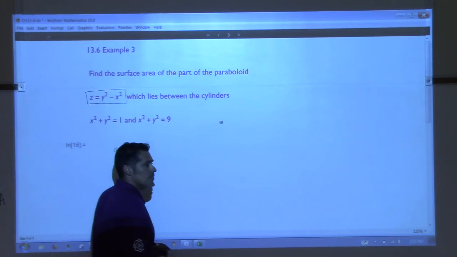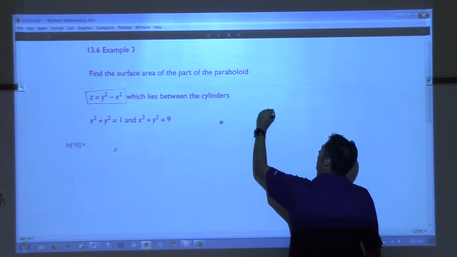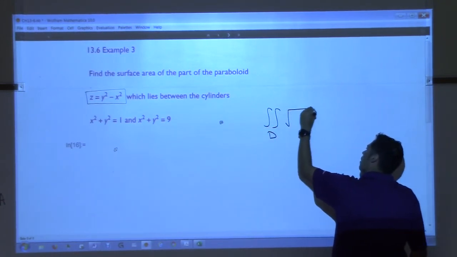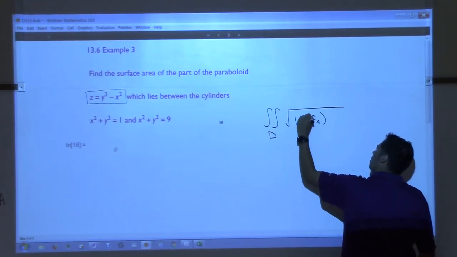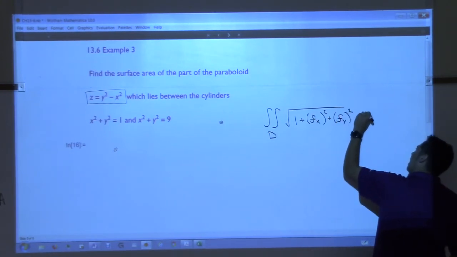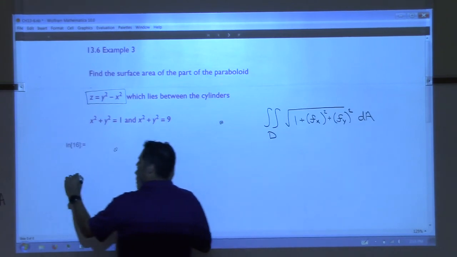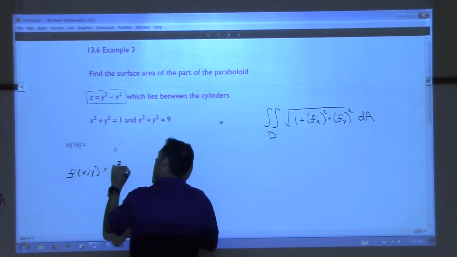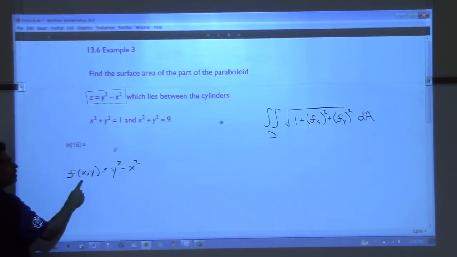I need to do the double integral over D of the square root of 1 plus the partial of f with respect to x squared plus the partial of f with respect to y squared dA. In this case, f is a function of two variables. It is y squared minus x squared, that is z equals some function of two variables.